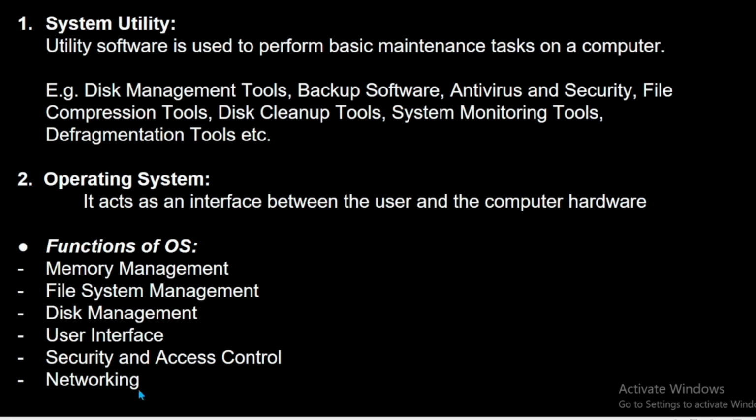OS has several functionalities, for example, key functions like memory management, where it decides which program uses which memory, file system management to store and retrieve the data efficiently, disk management to organize how data is read and written, user interface to provide interactions through commands or windows.